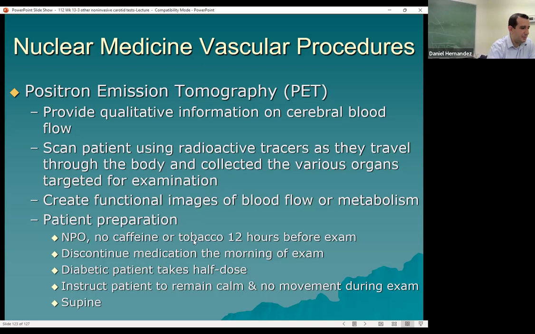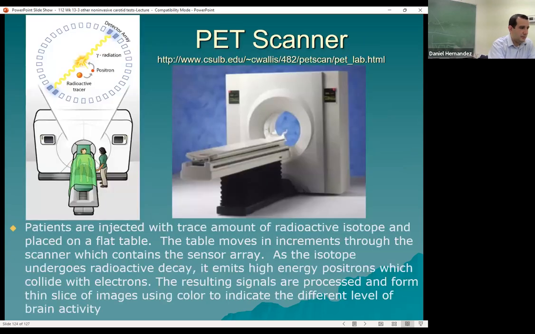So here are just some of the patient preparations that are needed. This shows a PET scanner. Patients are injected with a trace amount of that radioactive isotope and placed on the flat table.